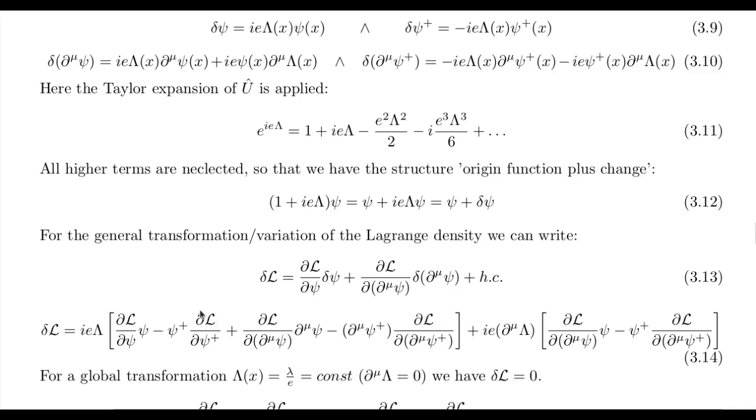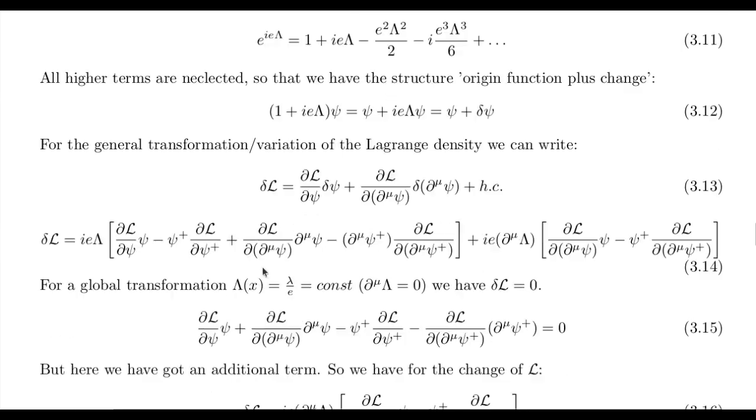For the general transformation variation of the Lagrange function, we can write this. This is the same only for the Hermitian conjugated terms. And now we must write down the missing terms. We write for delta L the change of this part.